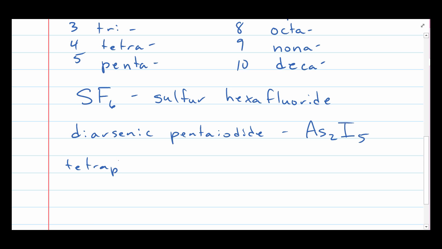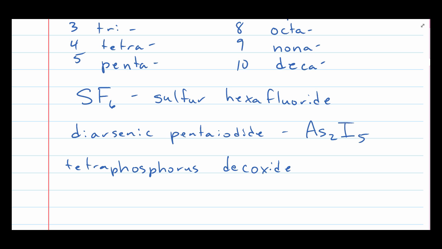If we had this next one, tetraphosphorus decoxide. And by the way, I am spelling this correctly. Don't ask me why we make up these rules, I don't. But whenever a Greek prefix is adjacent to oxide, the letter A is left off.